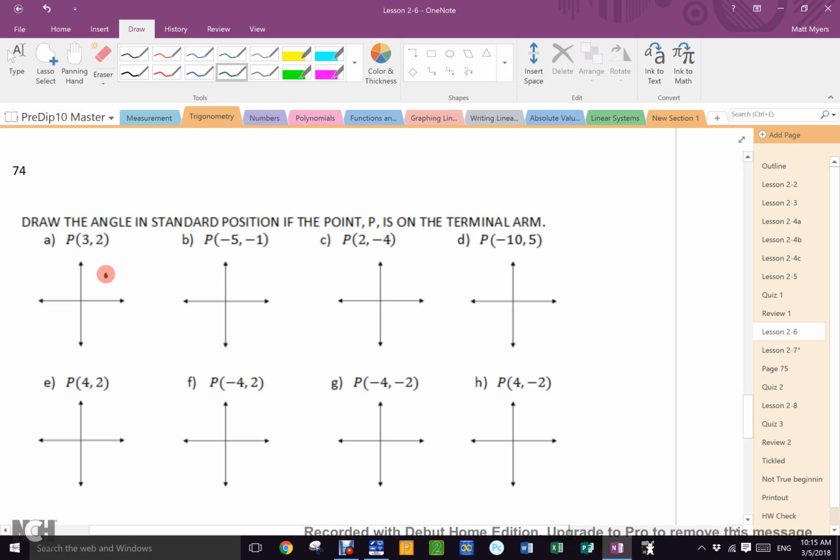It would be out here. And there's my line. Everybody cool? It makes this angle, which has a theta and a reference angle that are the exact same thing. Right? Okay, what about B?